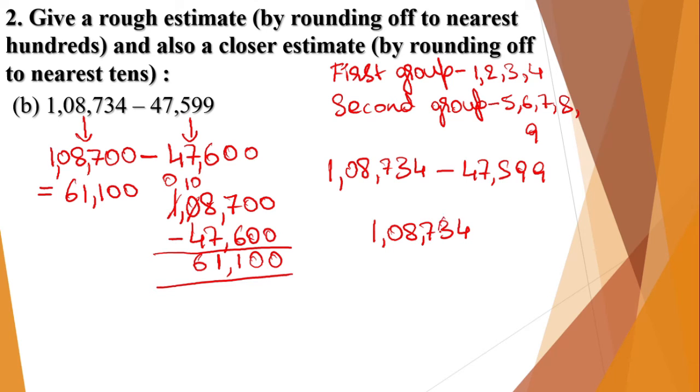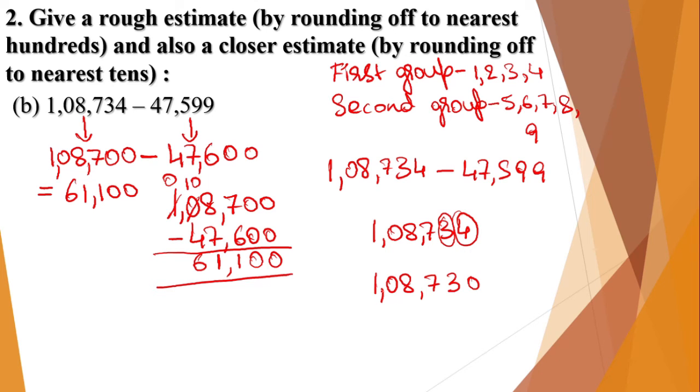Now, here the first number which we have is 1,08,734. Here we should circle 3 because it's in tens place and circle 4 because it's next to 3. And here you can see 4 is in the first group. So, if the number is in first group, no changes. So 1, 0, 8, 7 and 3 will be as it is because 4 is in the first group, but 4 will become 0.